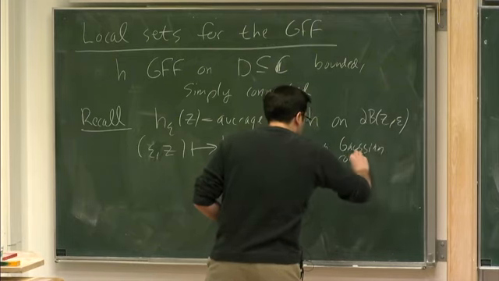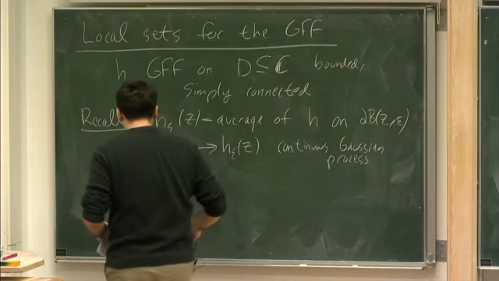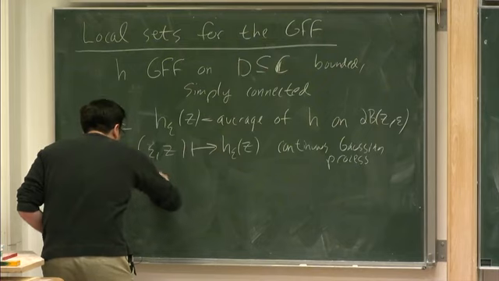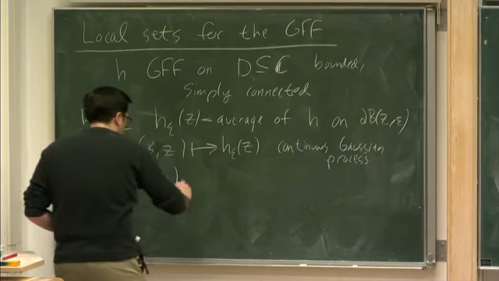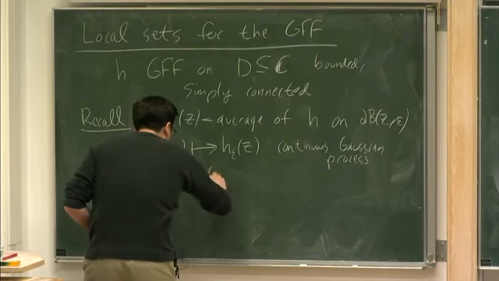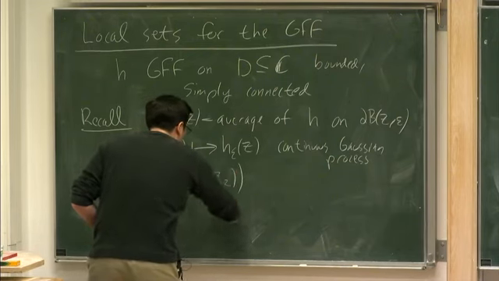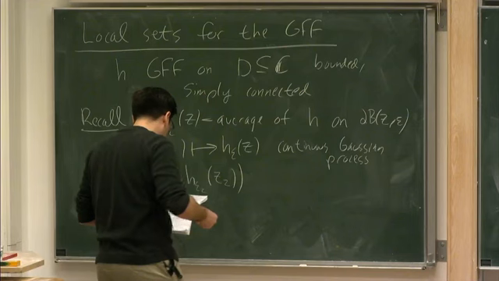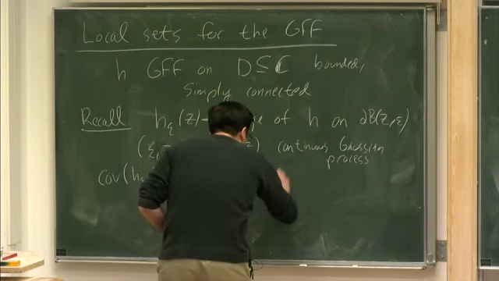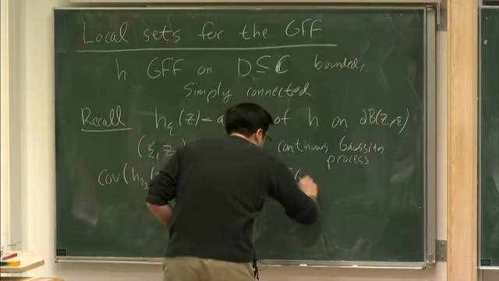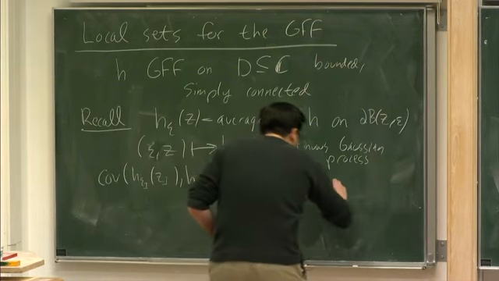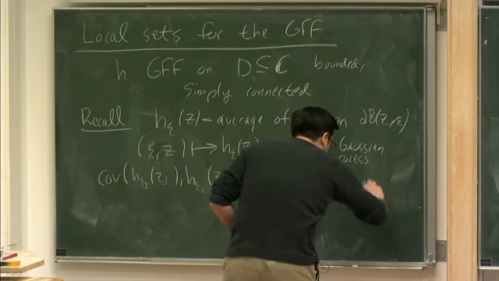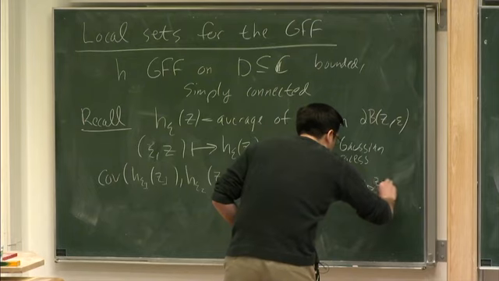And we did this calculation that said that the covariance function for this process, the covariance of the average about the circle of radius epsilon 1 centered at z1 with the average of the field on the circle centered at z2 of radius epsilon 2, is just given by taking the Green's function for the Laplacian on our domain and integrating it against the uniform measures supported on these two circles.